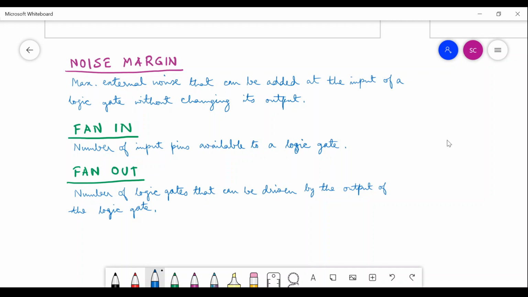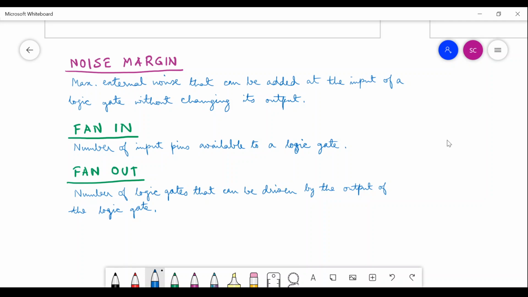That is what it is trying to say. Suppose 0 is the low level, and if we cross 0.8, then we are in the dead zone. So we don't know whether we are 0 or 1, whether we are high or low. So 0.8 is the noise margin for the low level.